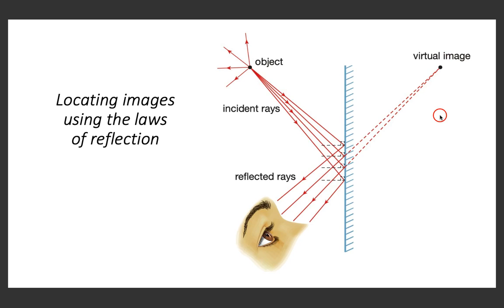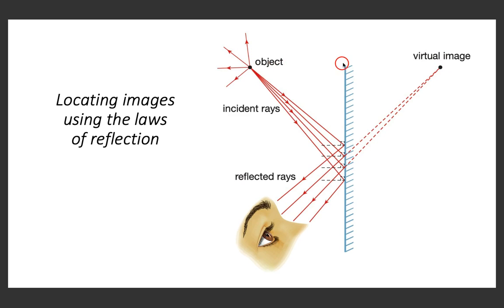Now, often when we draw ray diagrams, we want to make a drawing of where the image will actually be. You can see in this slide that the virtual image is here.